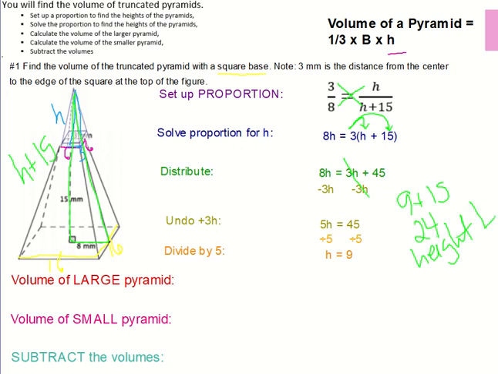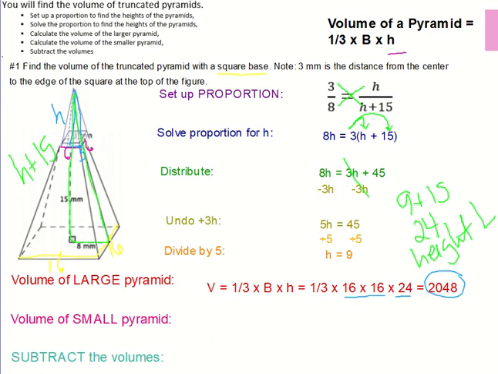So from here, since I know my heights now, I know the area of the bases, I could go through and find the volume of the pyramid. So let's start with the large pyramid. I have 1/3. And then for my area of my base, I did 16 times 16. The height of that large pyramid was 24. When I multiply this all out, I get 2,048.